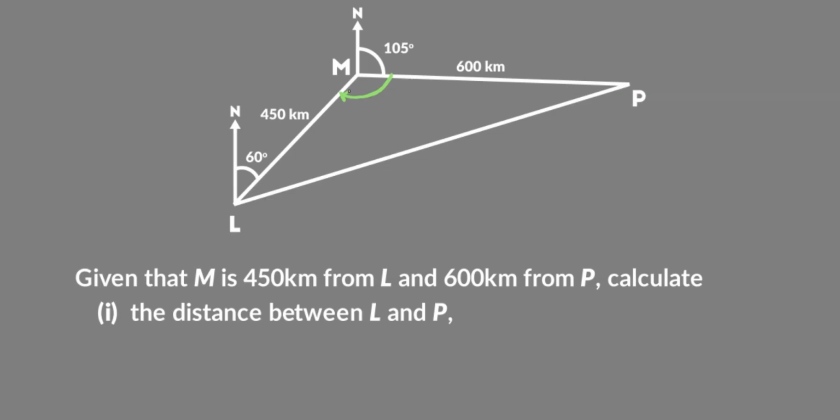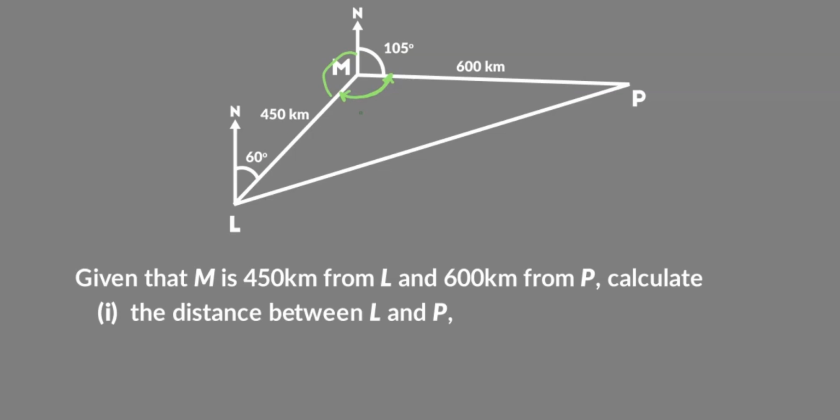Well, to calculate this angle at M, we're going to do something very simple. We know that these two lines here that have been represented as N are parallel to each other. And then this angle here, 60 degrees, plus the angle here is going to give us 180.